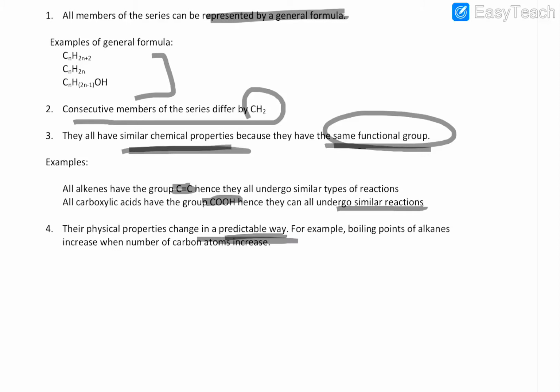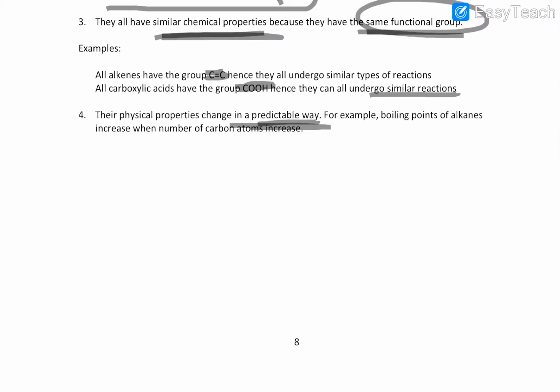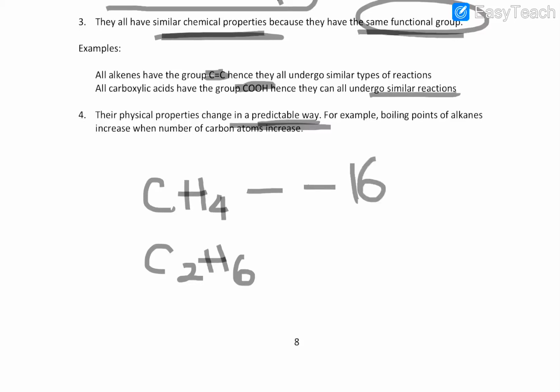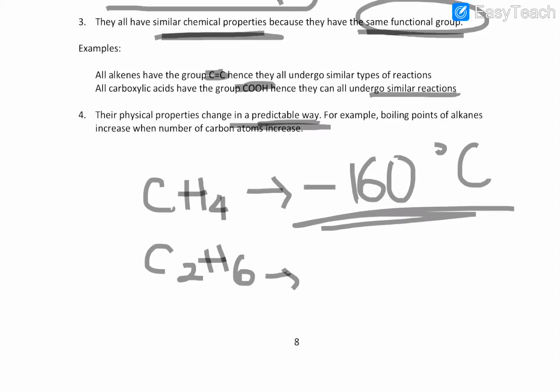Okay, so if I know the boiling point of, let's say, CH4, methane, is one alkane, C2H6 is another alkane. Let's say I know that the boiling point of this one is minus 160 degrees Celsius, then I know that this one is going to be higher than this.